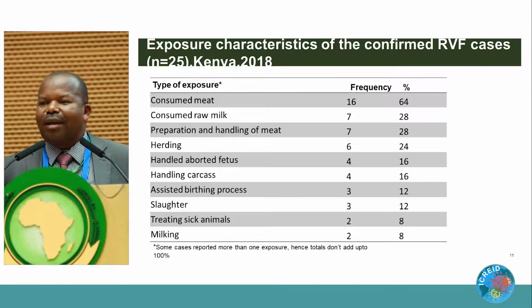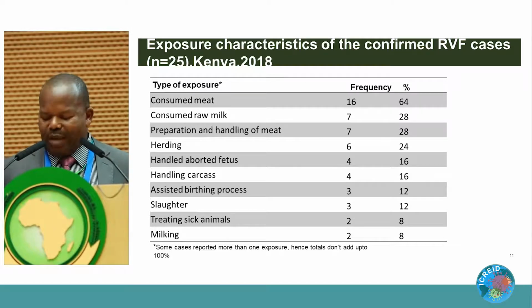What did they come into contact with? From this list done last year by the team, there is no mosquito bite. It's all about contact with meat, milk, handling the animals, herding. So it is all about contact with the animals.